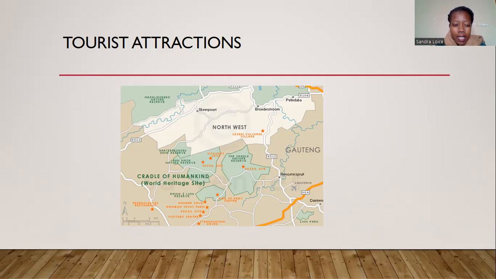We have places such as your Hartbeespoort Dam. We have got activities, beautiful activities that are offered in these places.